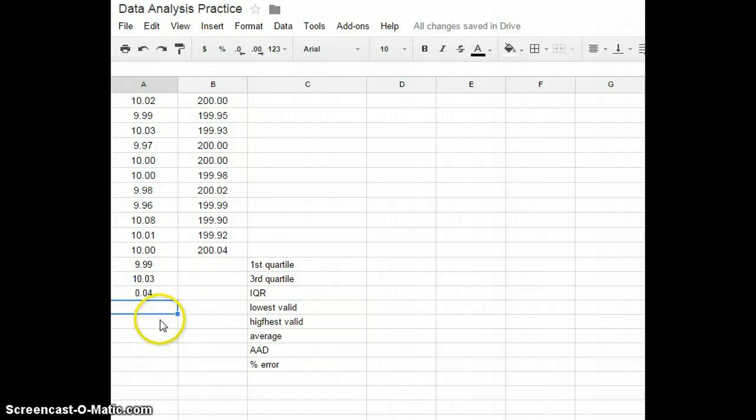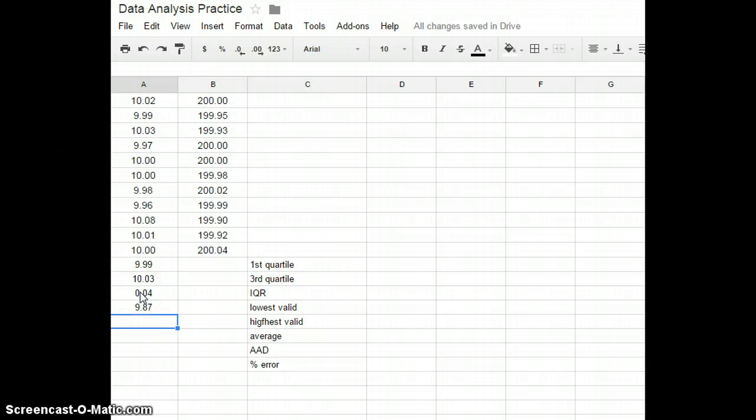The lowest potentially valid measurement would be, as you might recall from class, equal to the first quartile minus 3 times the interquartile range.